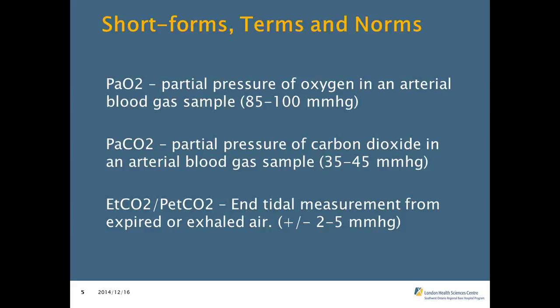The difference when you look at your EndTidal CO2 to your arterial partial pressure of CO2, so that's looking at the concentration of carbon dioxide in your exhaled air versus that which remains behind in your blood. When looking at EndTidal measurement, the difference between these two values is roughly between 2 to 5 millimeters of mercury.